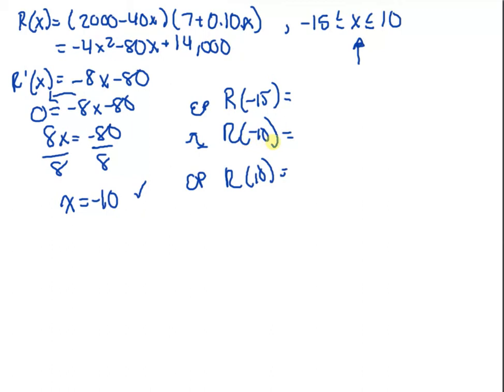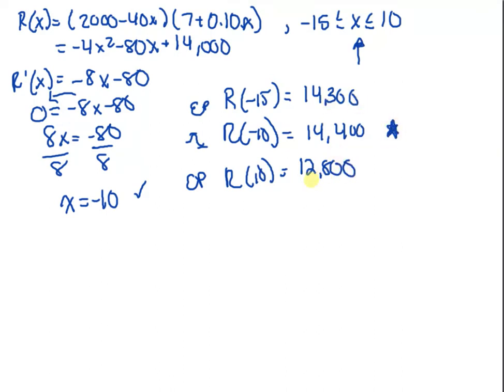At negative 15, if you sub it into the original, you'll get 14,300. If you sub in negative 10, you're going to get 14,400. And if you sub in 10 into the original, you're going to get 12,800. So which one is the greatest revenue?